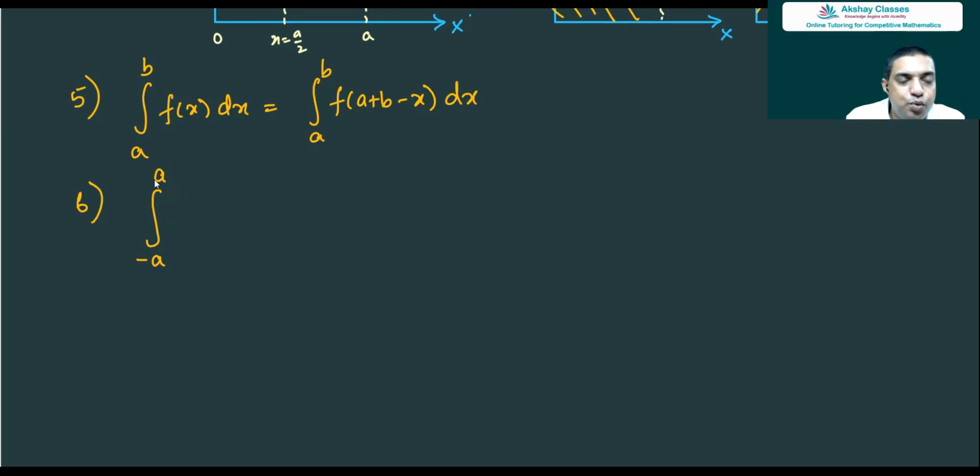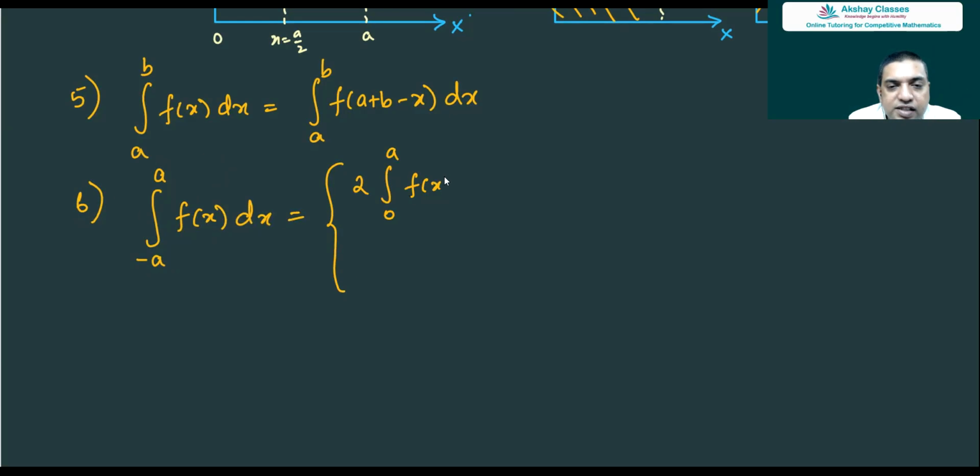Integral minus a to a. If the interval of integration is symmetrically situated about the origin, integral minus a to a f of x dx is equal to twice of integral 0 to a f of x dx if f is an even function, and it is 0 if f is an odd function.